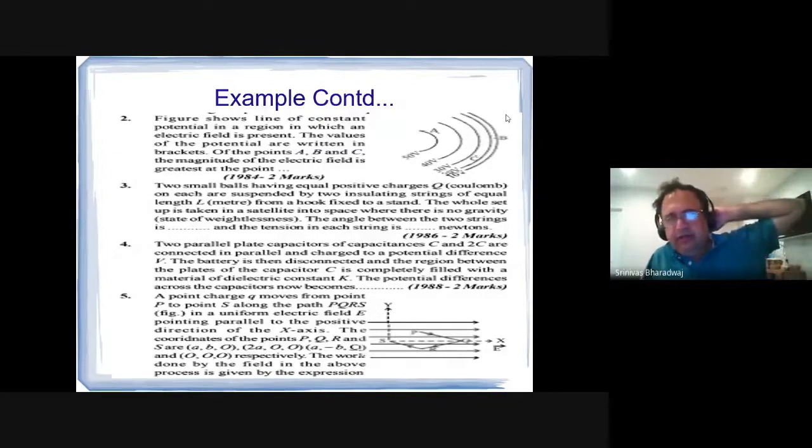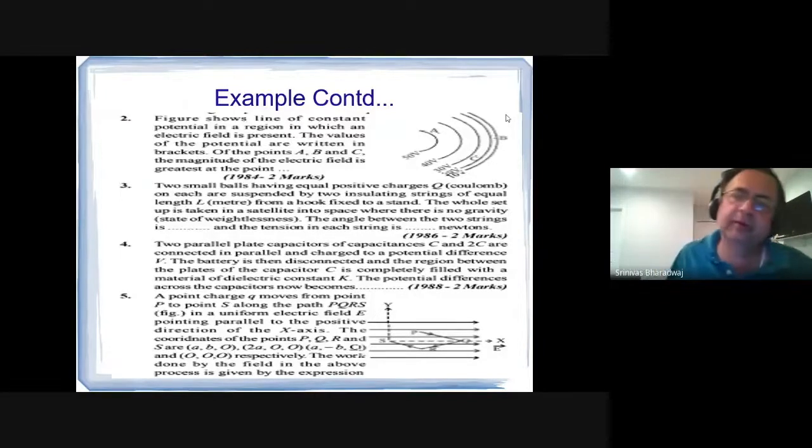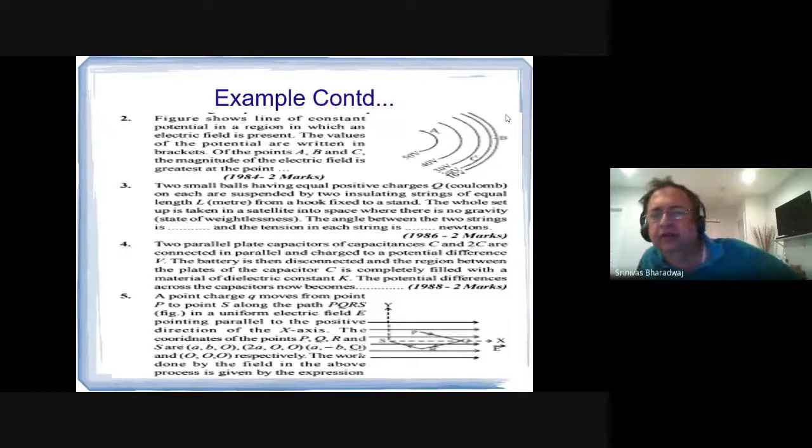So they will make a 180-degree angle between each other, going to the furthest from each other, and the tension in each string will be the force of repulsion, 1 by 4 pi epsilon naught Q squared by R squared. And R square is 2L the whole square, so 1 by 4 pi epsilon naught Q square by (2L) squared will be the tension, because that is the force between the charges, a direct application of Coulomb's law.